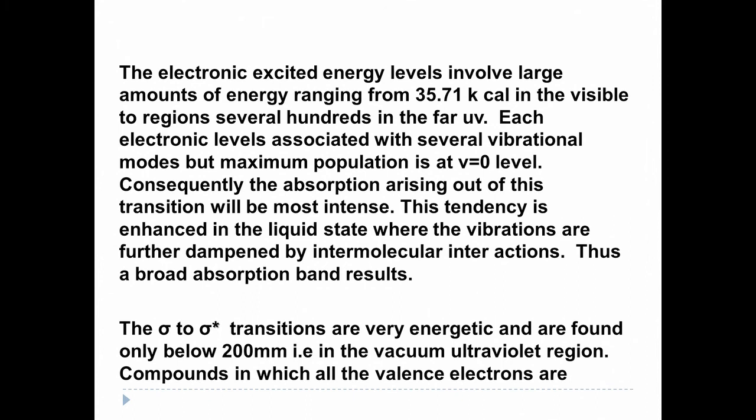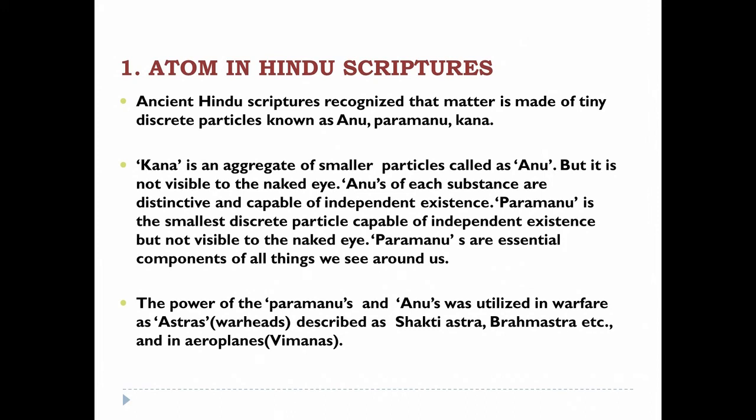In general, you do not see sigma to sigma star transitions in which all the valence electrons are present. Pi to pi star transitions, you will see in the visible range, ultraviolet range, etc. In addition, you will see non-bonding transitions, that is electrons not involved in bonding, but they also get excited to a higher energy level, that is pi star.